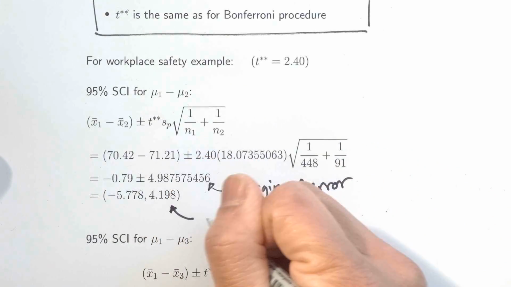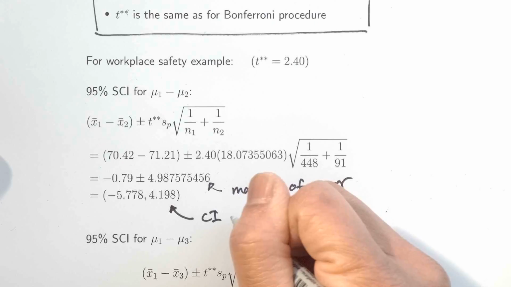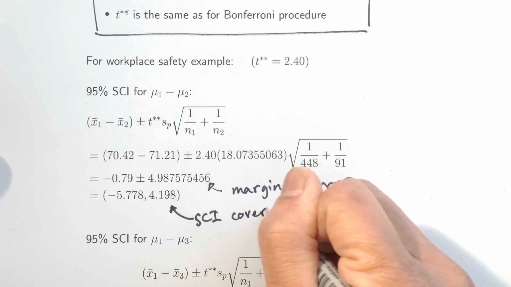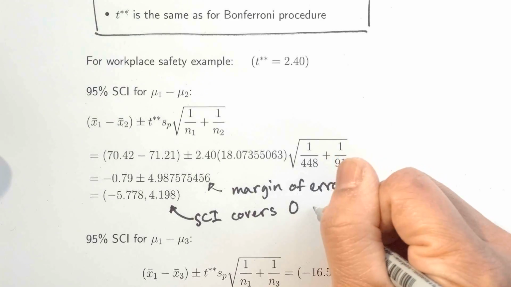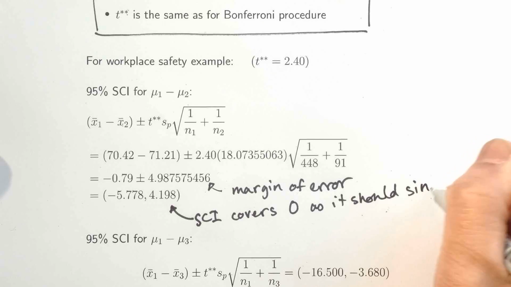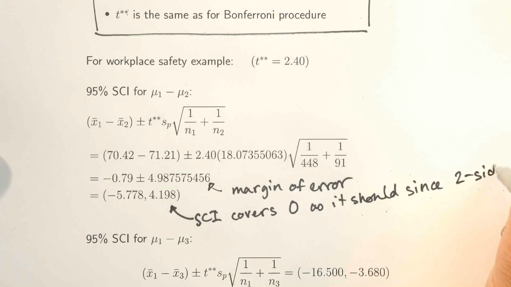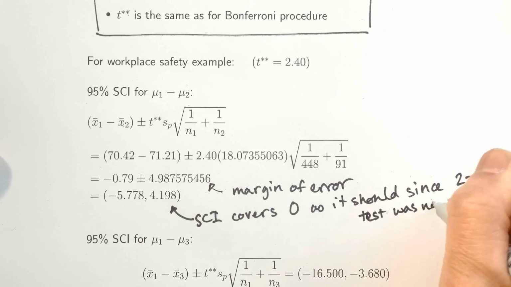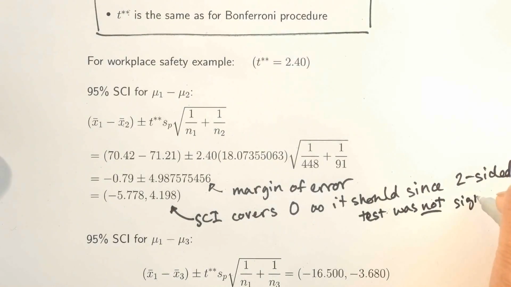And what we see is that the SCI, the simultaneous confidence interval, covers 0 as it should, since the two-sided test was not significant.